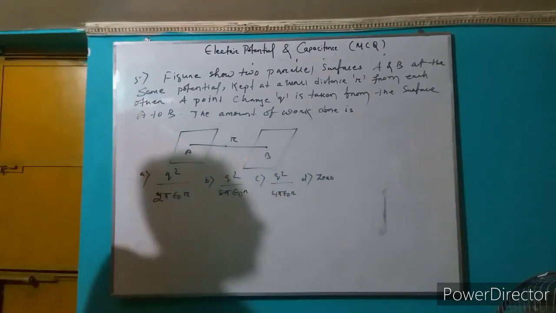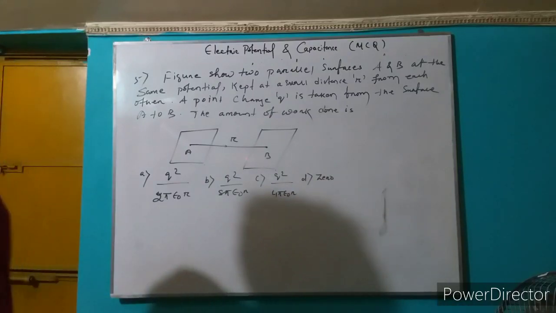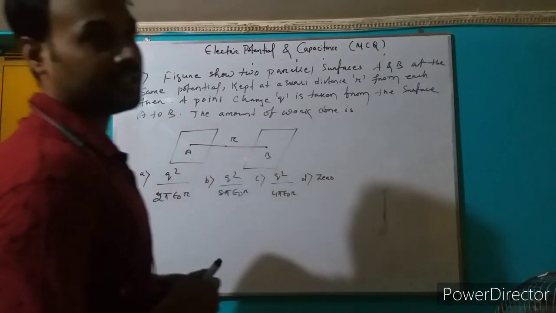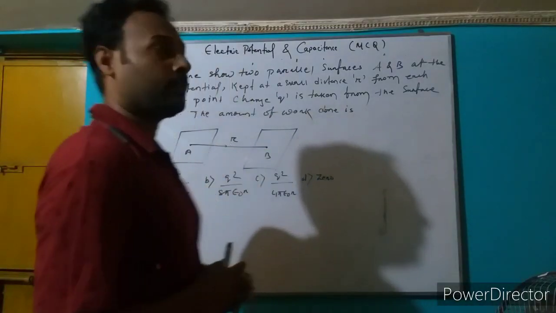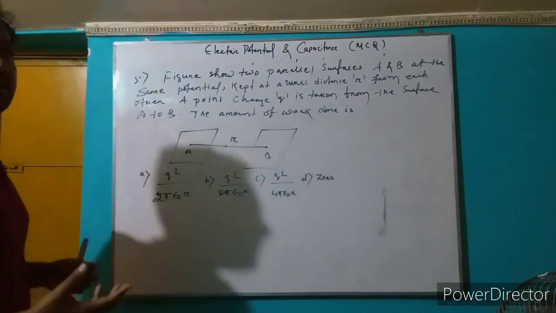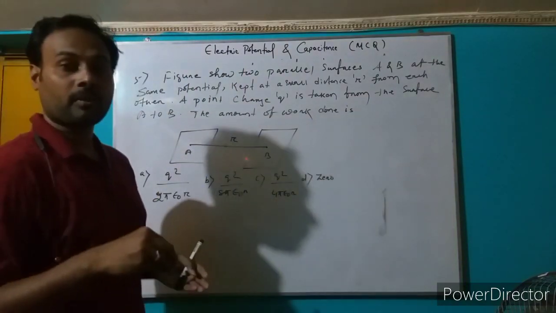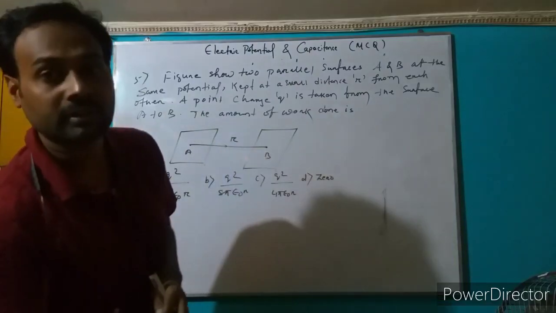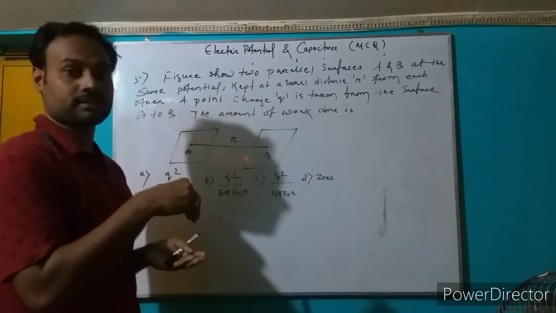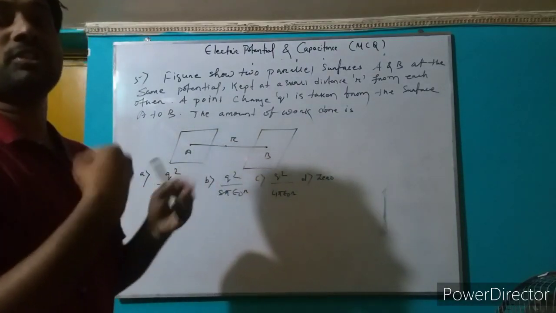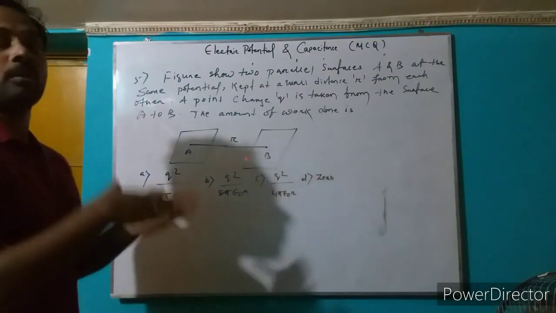You know electric potential. Potential difference is defined as the work done in bringing a charge from a particular point to a particular point, that means A to B here.